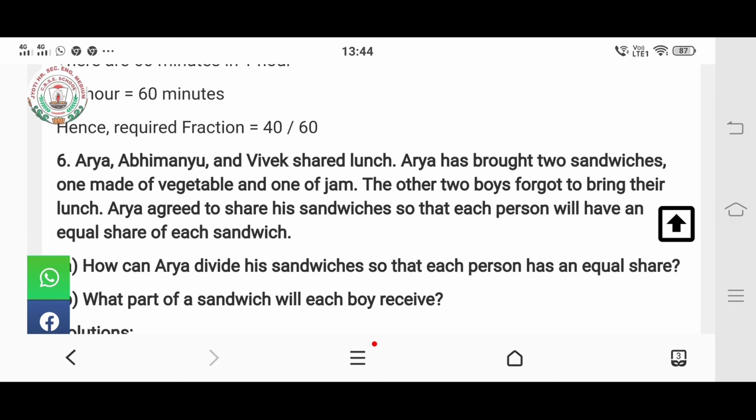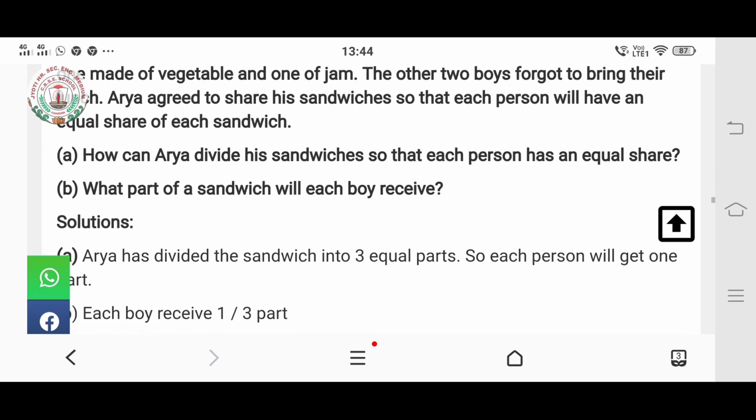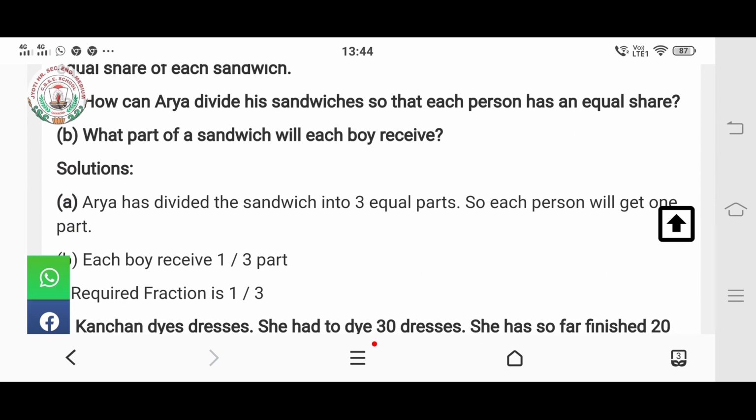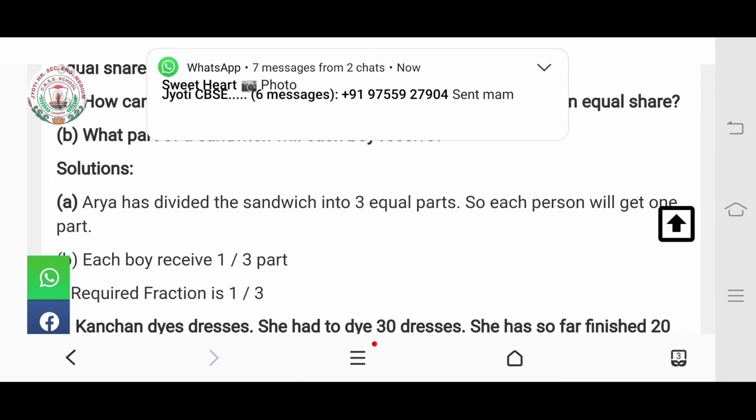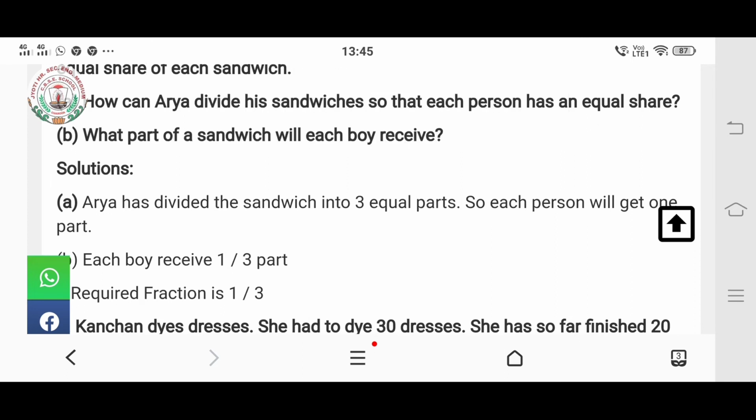So total 3 persons are there. 3 equal parts. So each person will get 1 by 3 part of the sandwiches. Each sandwich has to be made into 3 equal parts, and one part each. Everyone will take one part of both kinds of sandwiches.